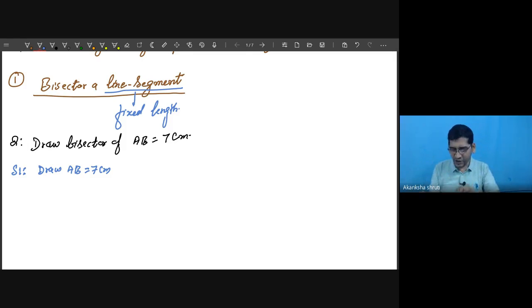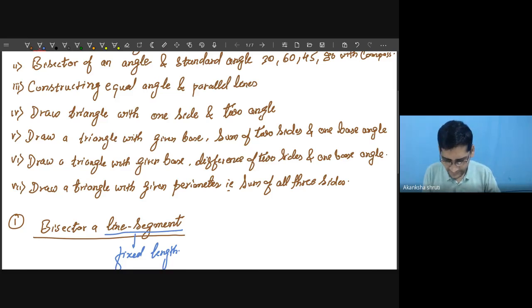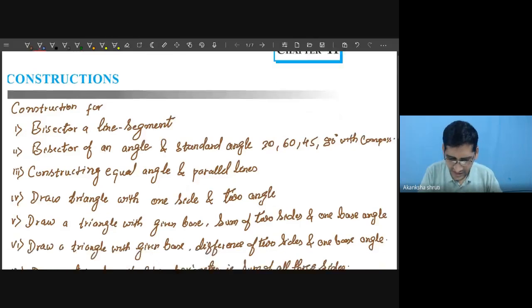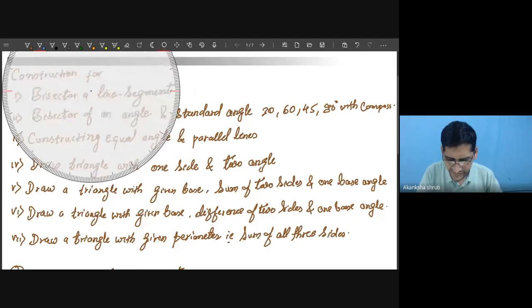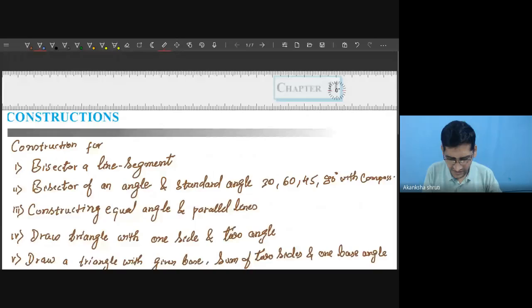You will place it on the paper and then take 7 centimeter. My ruler may not be visible on your screen, but I have the facility to take it.